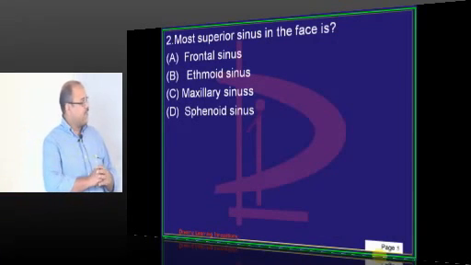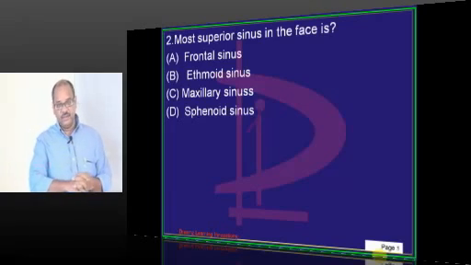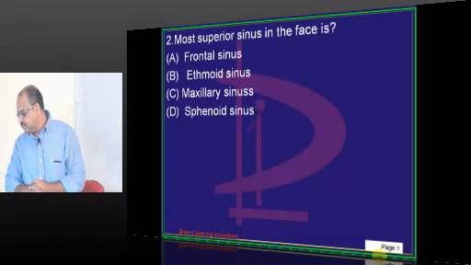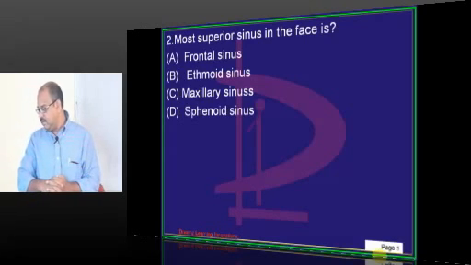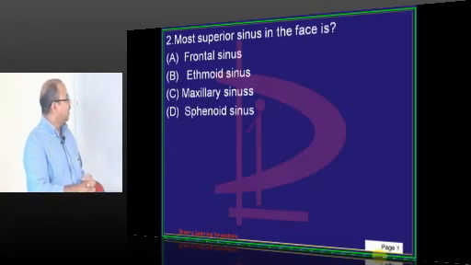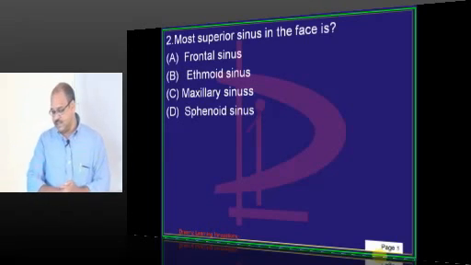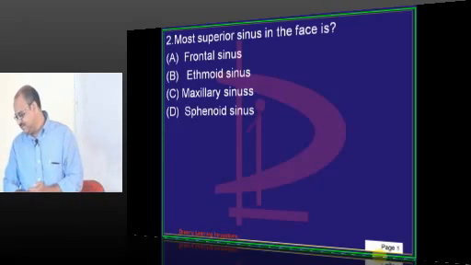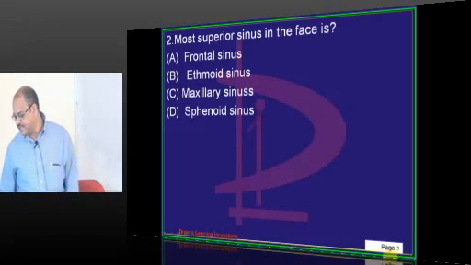Most superior sinus in the face. It is quite easy and you can make a guess of it. Frontal sinus, ethmoid sinus, maxillary sinus or sphenoid sinus, what would be the correct answer?